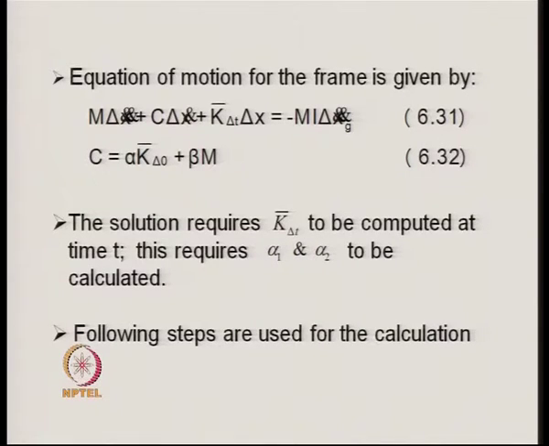In the beginning of the delta t, whatever stiffness matrix we get, that is the value of k bar, and with the help of that stiffness matrix we calculate the responses for the incremental loading over an incremental time period of delta t. On the right hand side, we have got minus m I delta x double dot g, that is the usual equation. In writing down the C matrix, we make an assumption.